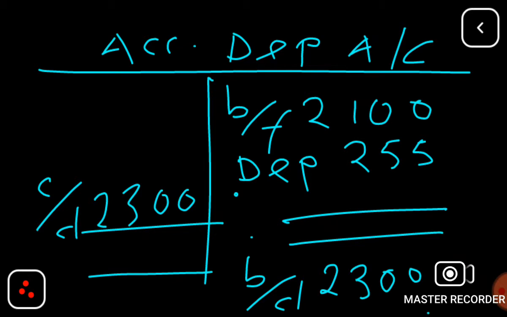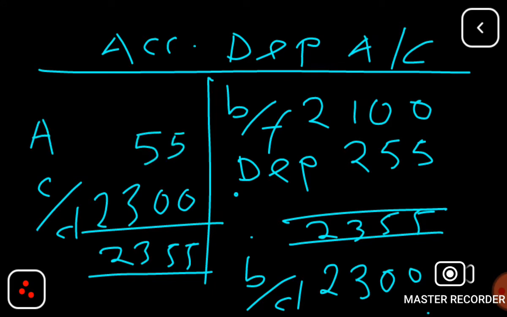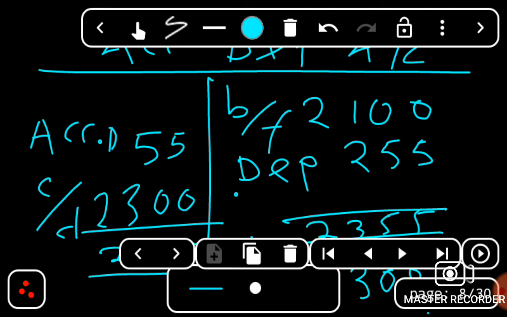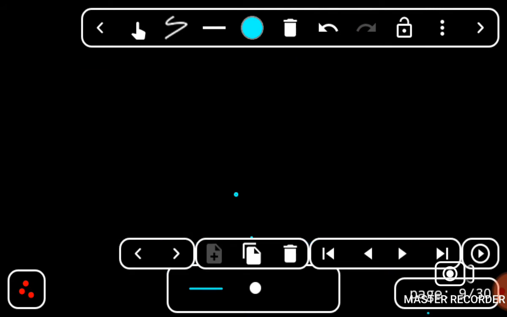And if you add this part, you have 2355. So meaning the difference between 2300 and 2355 was 55, and this was the accumulated depreciation that was missing for that asset. Now, after finding that, you must calculate your disposal.